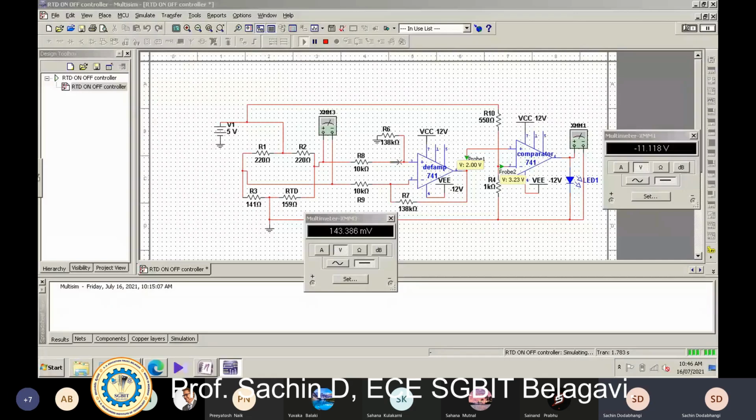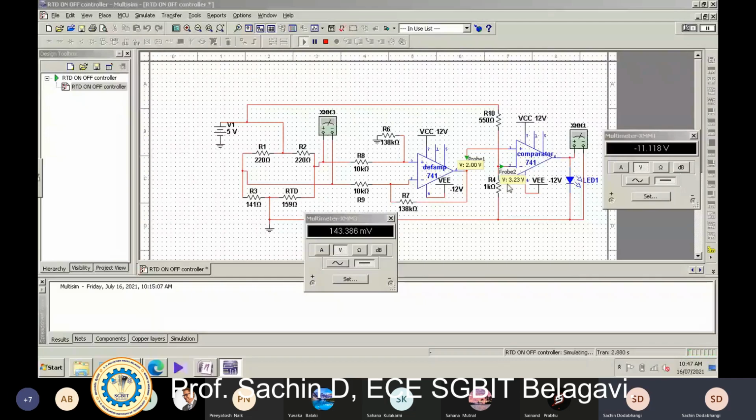Can you see this differential amplifier? I have written DEF AMP 741. First op amp. And output of first op amp is 2 volt. Now here 2 minus 3.23.